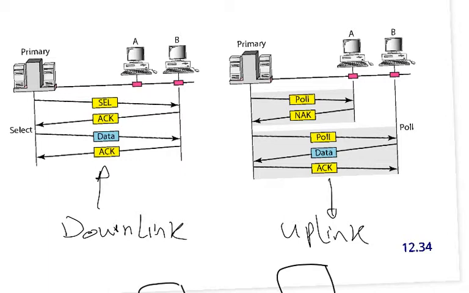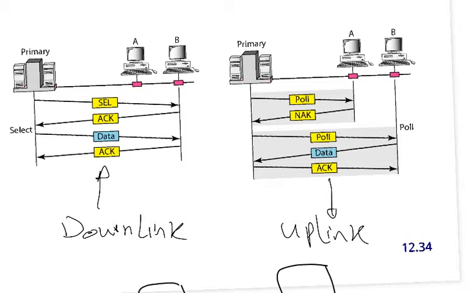So when I select a specific node, how do I select a node in the network? When I send the select signal, I put the MAC address of that node. Because the select signal is broadcast. But in the select signal, I have the MAC address of the node that I'm selecting. So all other nodes will figure out that they are not selected.